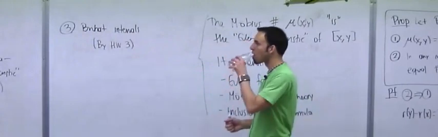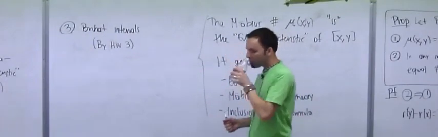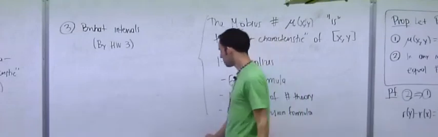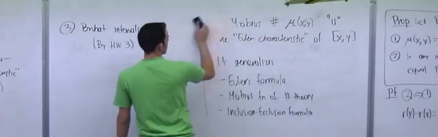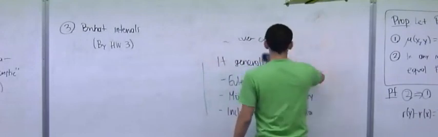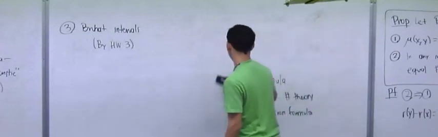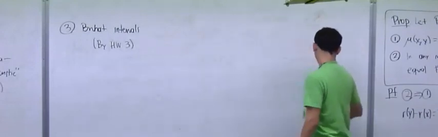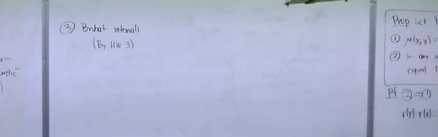Now, you may have noticed that the way that I stated the question in the homework was, prove combinatorially that this is true. And maybe you wondered why I added the adverb combinatorially.